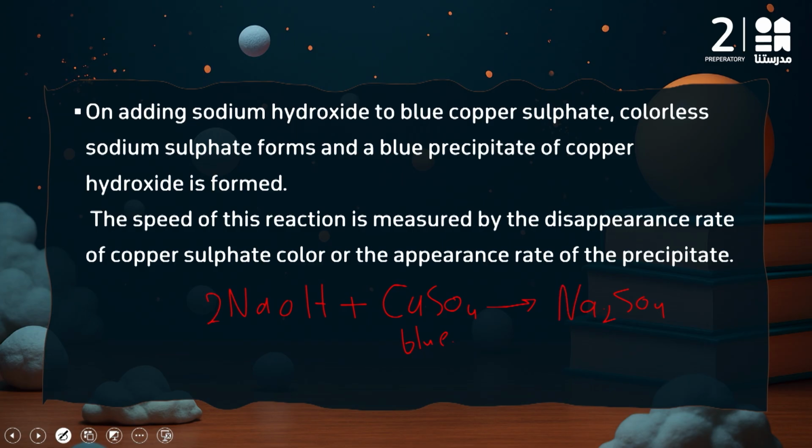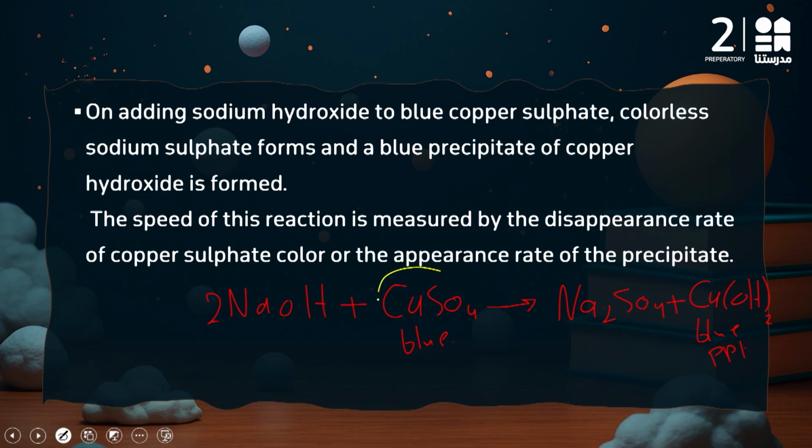Balance the equation. Plus a blue precipitate of copper hydroxide. So we can measure the speed of this reaction by measuring the rate of disappearance of blue copper sulfate or the rate of appearance of the blue precipitate of copper hydroxide.